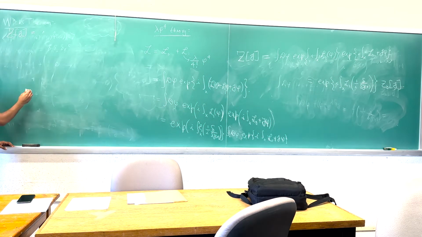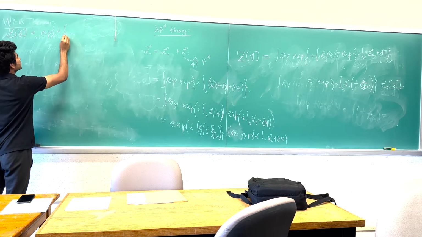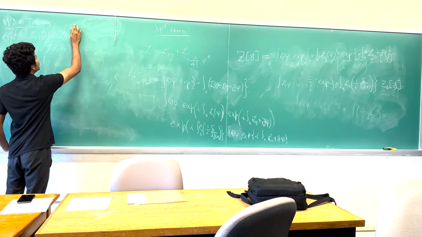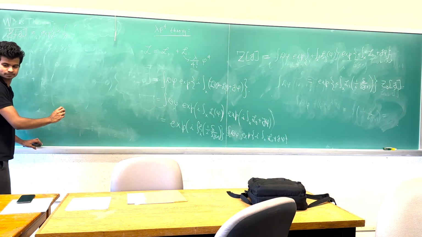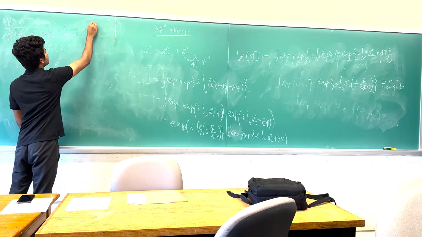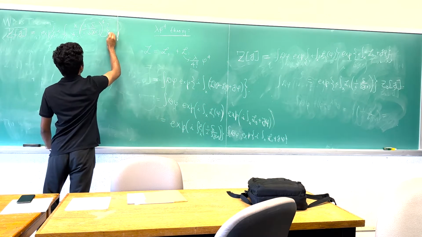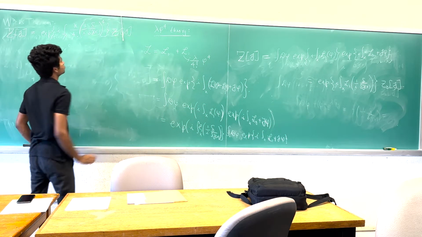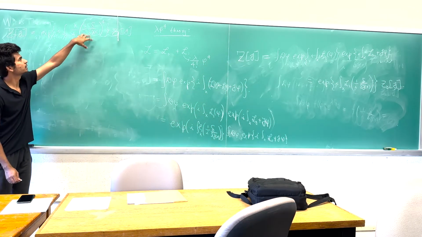You just replace the phi with whatever this new thing is: lambda over 4 factorial phi to the 4th, and I replace phi to the 4th by the functional derivatives with respect to J.